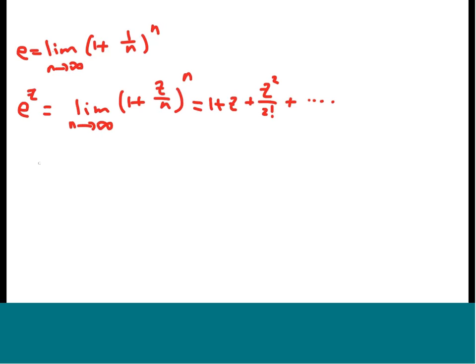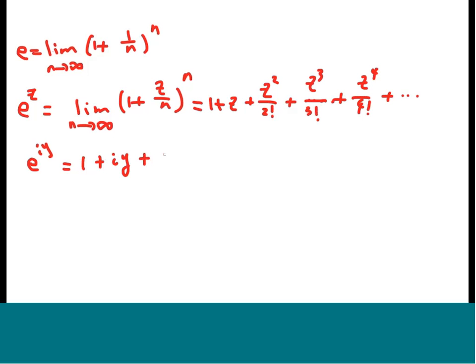So e to the iy has the expansion 1 plus iy, then plus, let's say, these 3 factorial, 4 factorial.